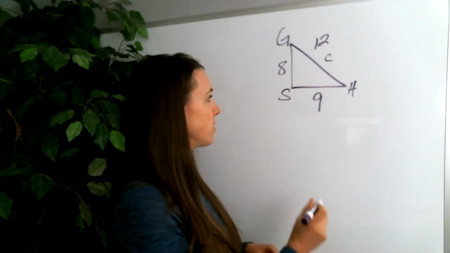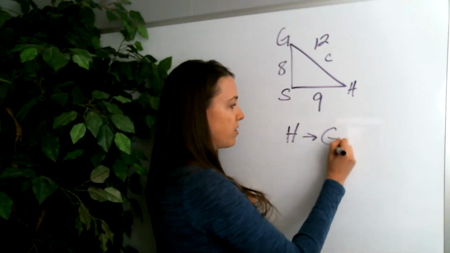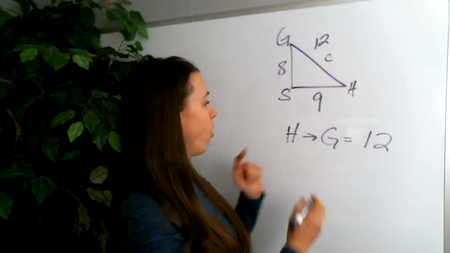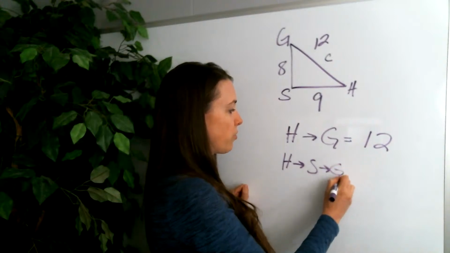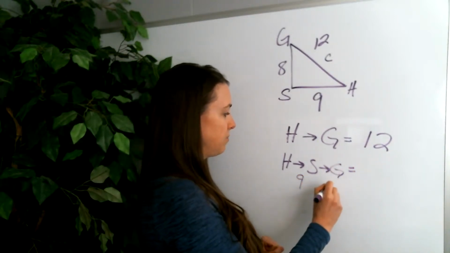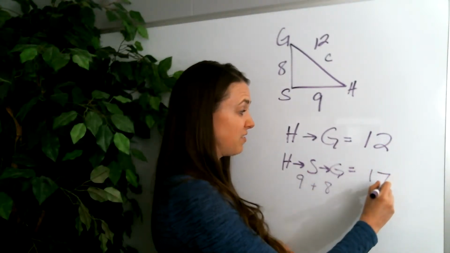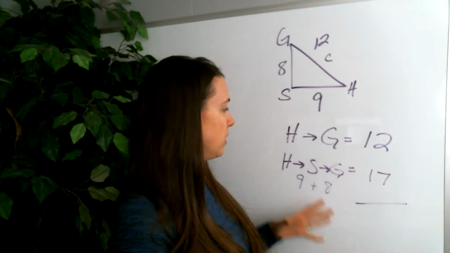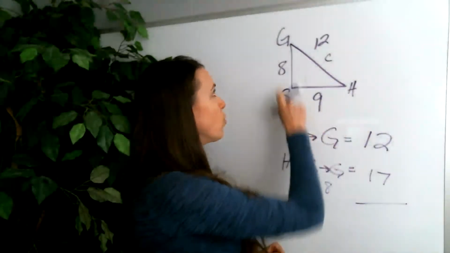And so let's go here. We have home to grocery is 12, right? And then we have home to school to the grocery. And so that ends up being 9 plus 8. So what is 9 plus 8? 17, right? So now we have to figure out what is the difference between home and grocery, the 12, and the home school grocery.